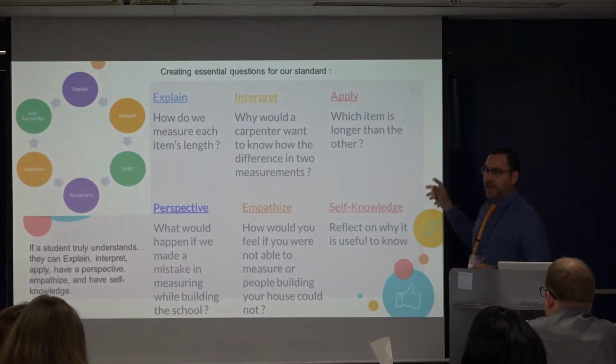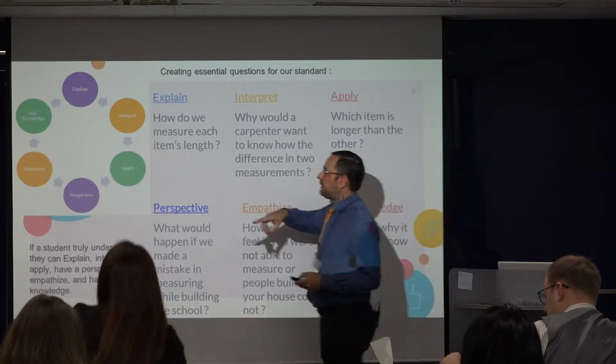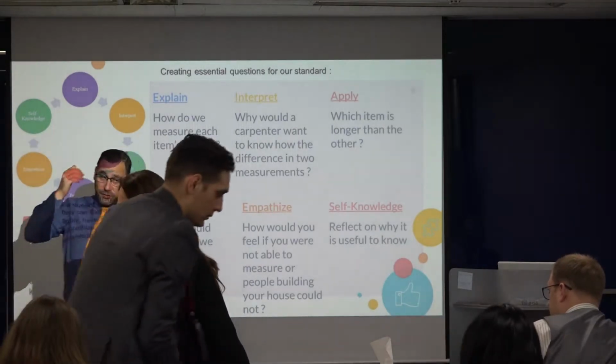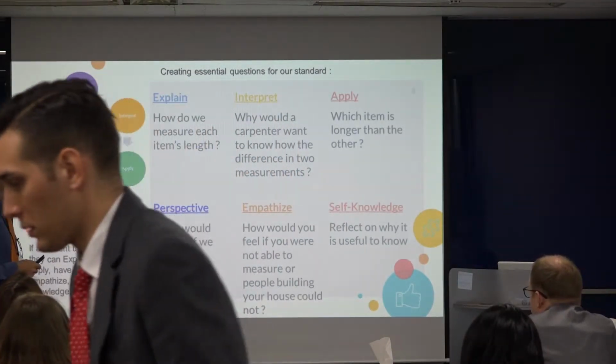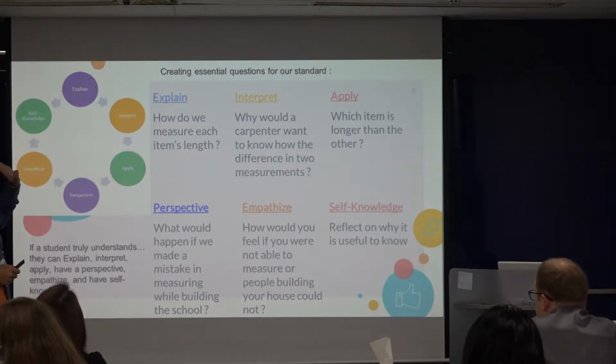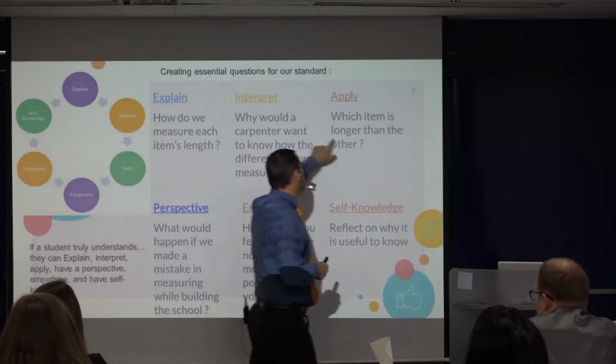And then this is the handout that will be going out, or it should be. It's on the way, I guess. I think everybody knows Bloom's taxonomy. This is another thing called the 6 Facets of Understanding. These guys came up with this system where you put a question for each one of these categories.